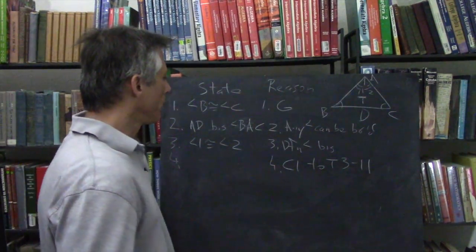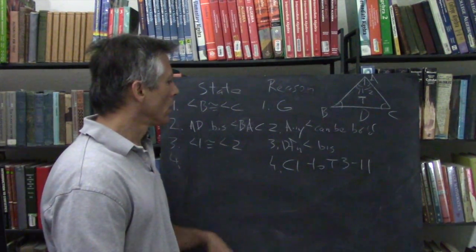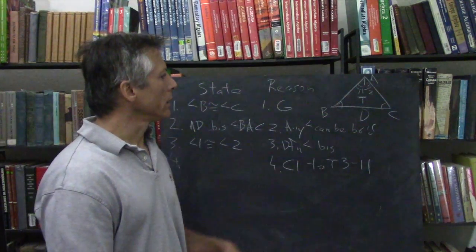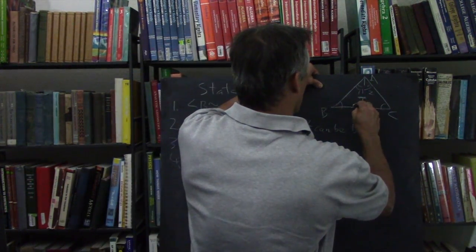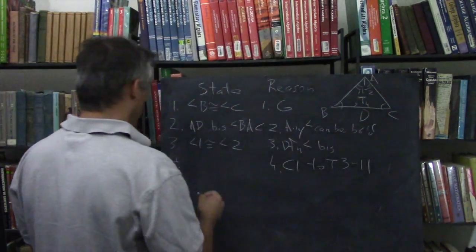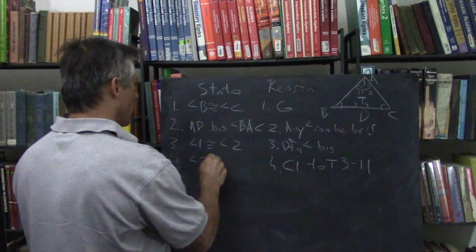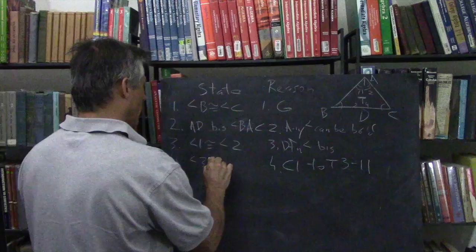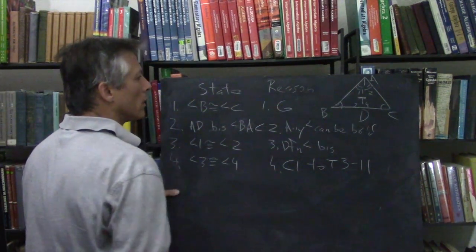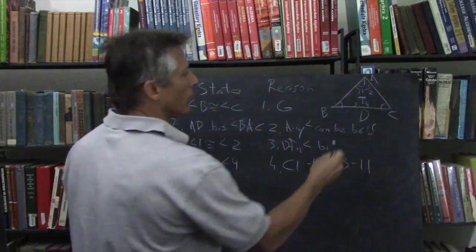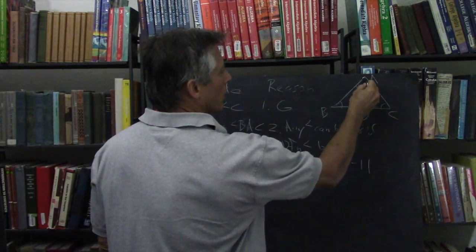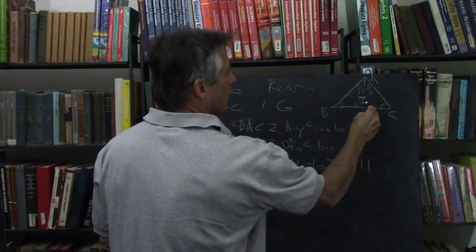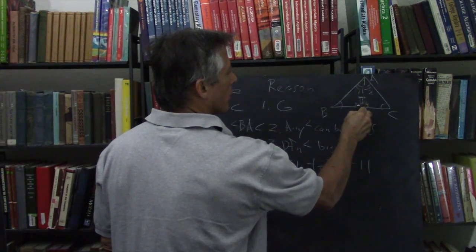So by corollary 1 to theorem 3.11, we know that angles 3 and 4 will be congruent. But then we can do angle, side, angle.